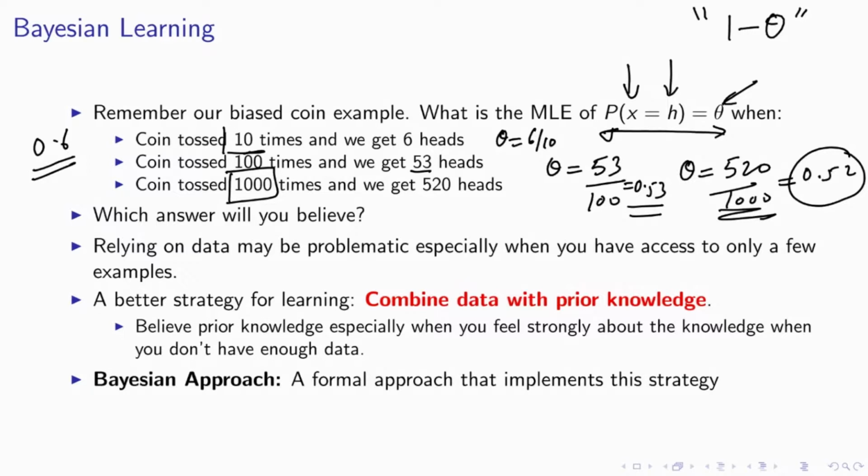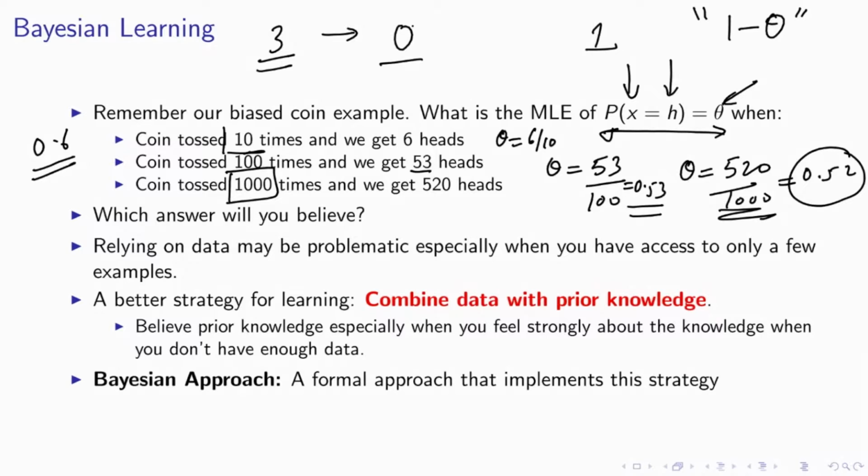However, unless you have a large amount of data, relying on data alone can be very problematic. If, let's say, instead of 10 examples, I had something like 3 examples, the best I could do is have probabilities like 0 or 1, where we got all 3 heads or all 3 tails.